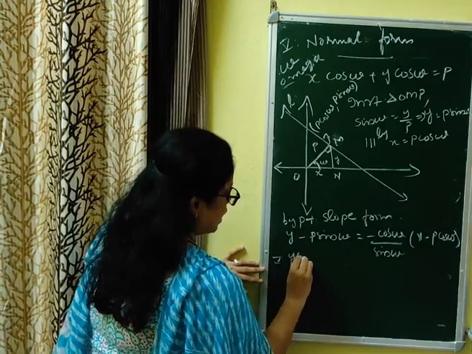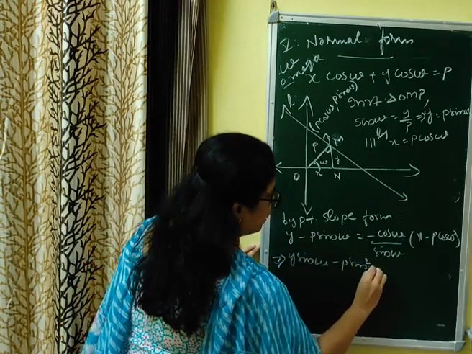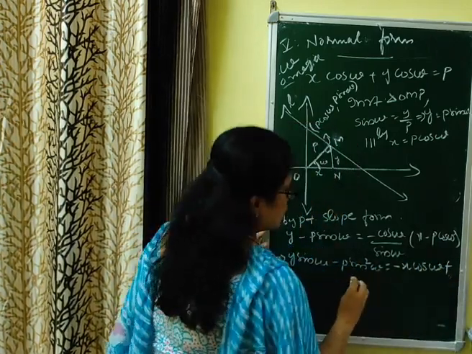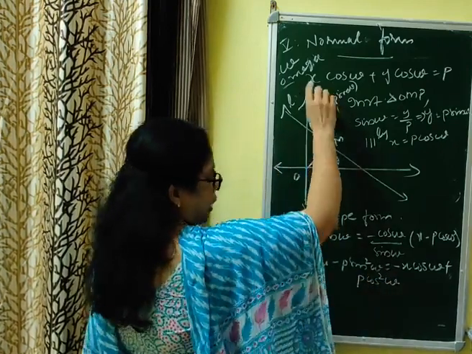That is y sin omega minus p sin square omega is equal to minus x cos omega plus p cos square omega. आपको इस फॉर्म में लाना है.